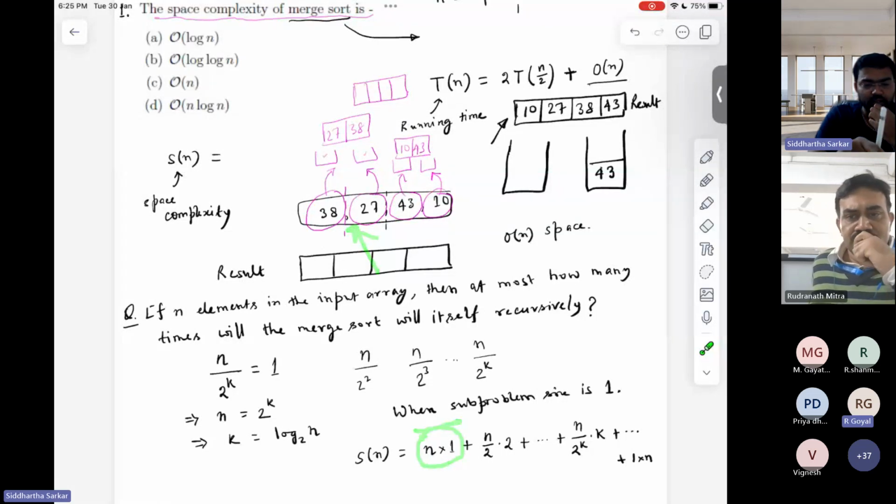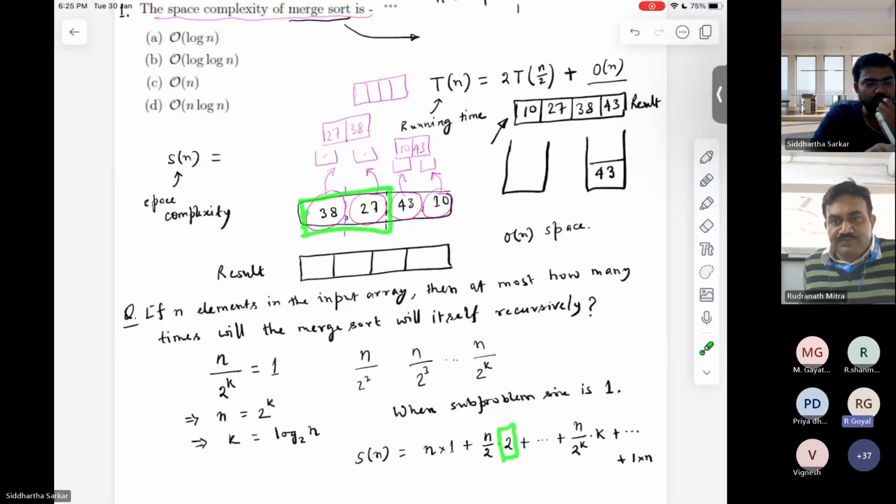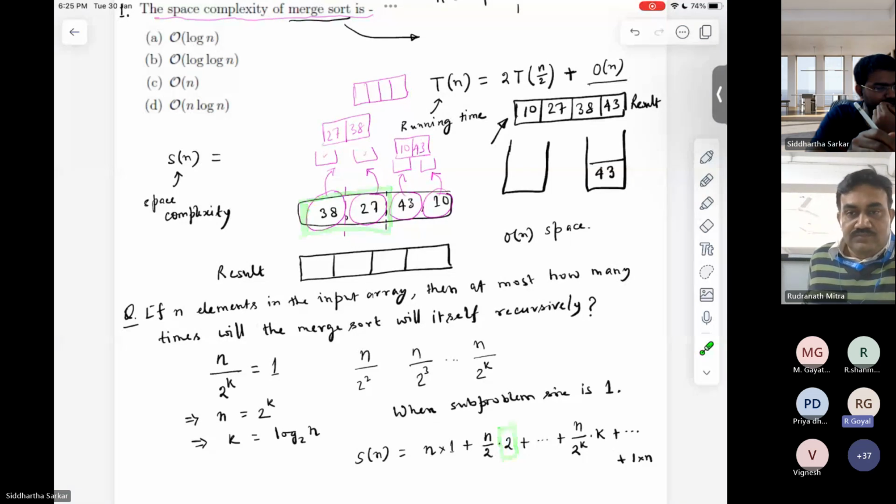Now consider size 2 subproblems. That means it's a problem like this. Yes. But then the same space can be reused also. Right, it depends on the implementation.